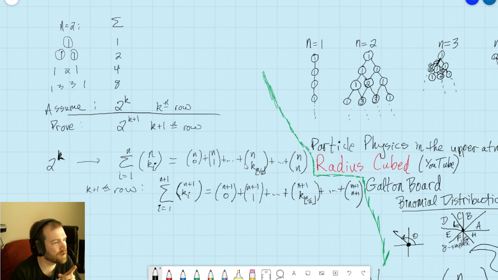All right, so I have to get from here to there. This is adding a new term, and also these are all the sum of n factorial over k sub i factorial times n minus k sub i factorial.